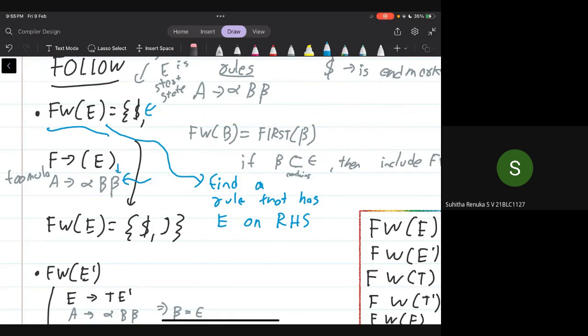For follow of E, I didn't write the step, but it's basically follow of E is equal to first of beta, which in this case is closing bracket.